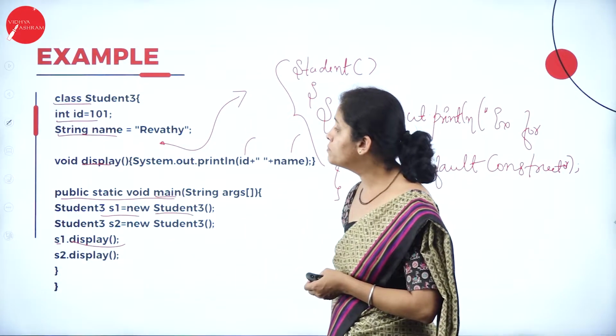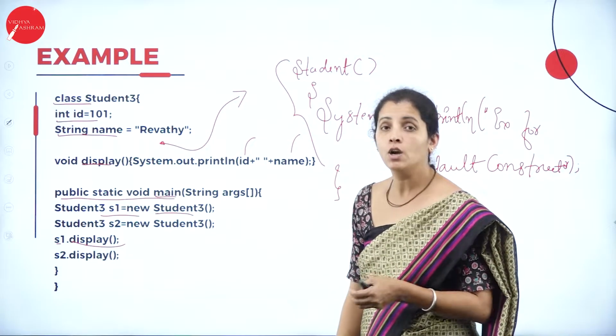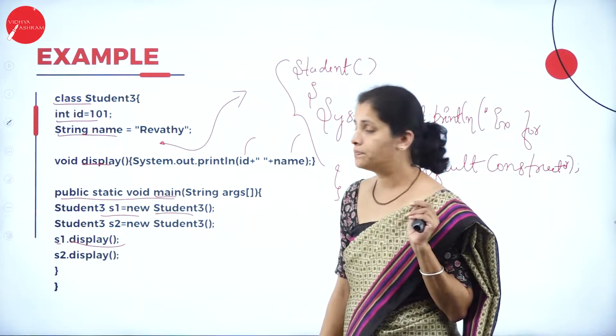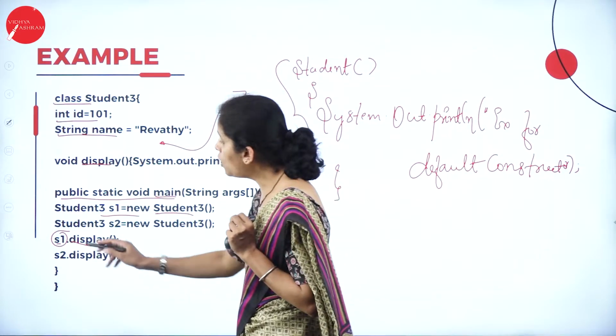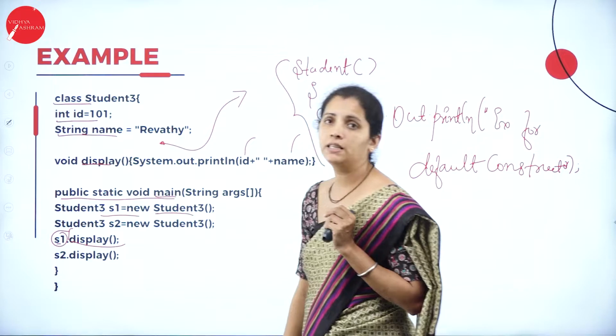What is my object? S1 and S2 are the objects. With the help of object, dot, method name. See here, S1 is my object, dot is nothing but my operator, and display is nothing but the method.